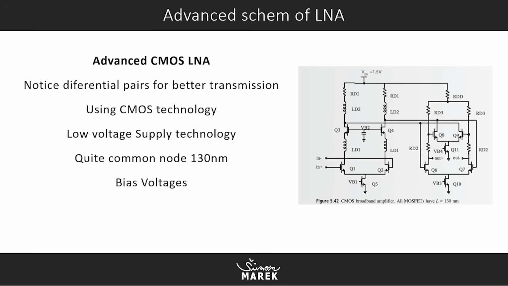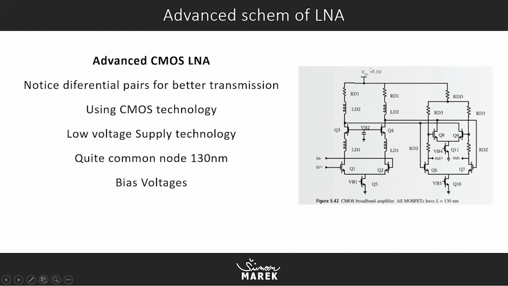You can see it uses CMOS technology. You have a lot of transistors and you have a lot of biasing circuitry. You have multiple bias ports, so you would require power sequence.